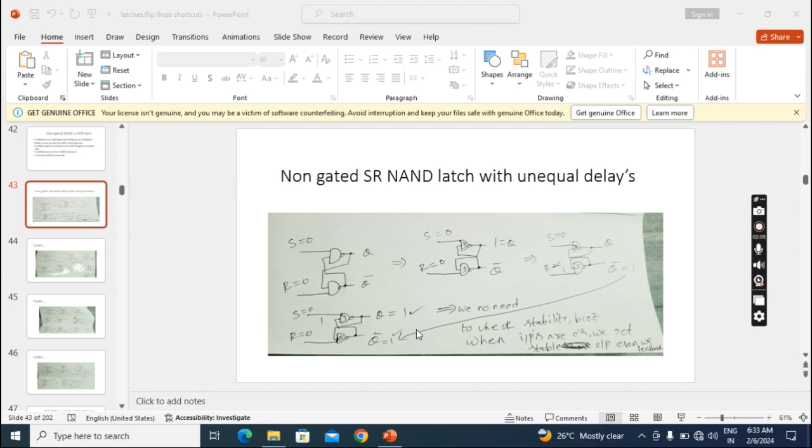So this will be invalid. In the without delays case also we get the same invalid output, but the difference is how you take the output and how you feed it back. We'll see the remaining conditions also.